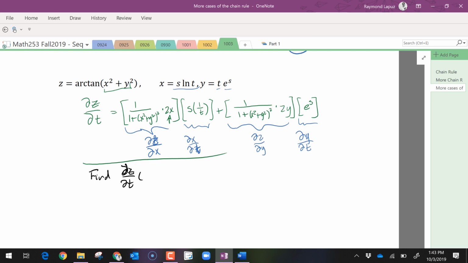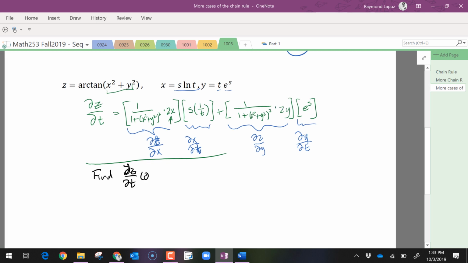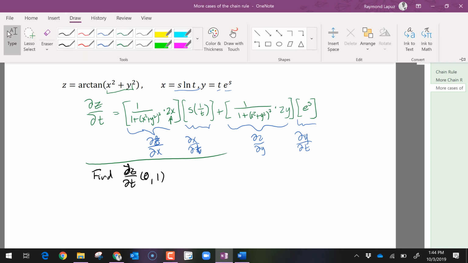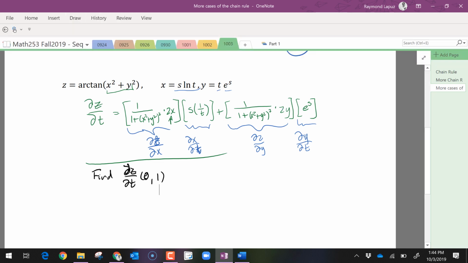So let's say s is equal to 0, just to make it nice, and t is equal to 1. So dz dt, the partial of z with respect to t, evaluated at (0, 1). Just to be clear, we're saying that s is equal to 0 and t is equal to 1.